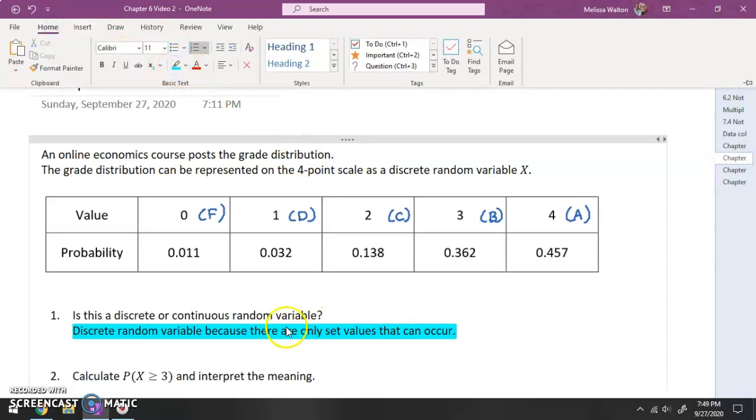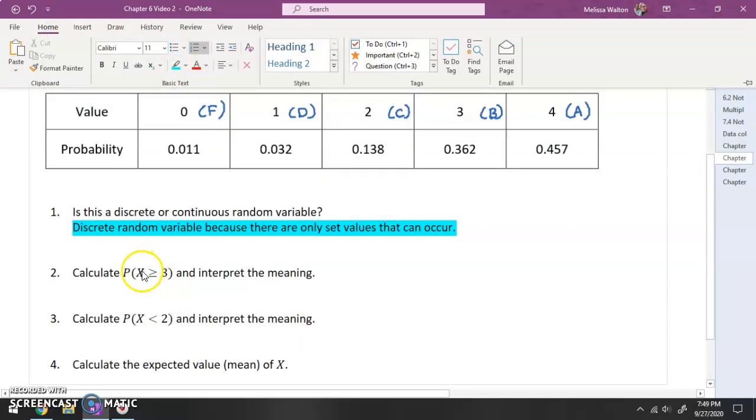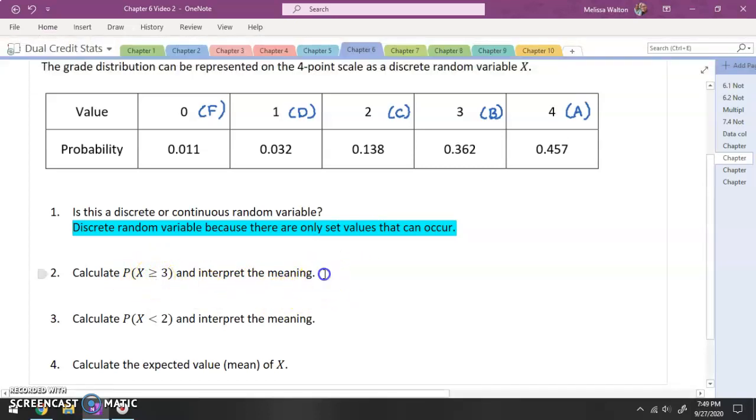All right, next question. Calculate the probability that x is greater than or equal to 3 and interpret the meaning. Well, if I want to figure out the probability of getting a 3 or higher, remember that the equal sign means that we do include 3, all I would have to do is add up the probabilities. What's the probability of getting a 3? What's the probability of getting a 4?